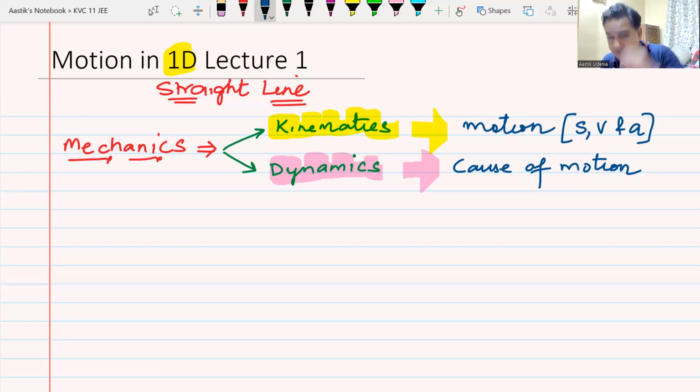In dynamics, which is going to come after some time when we are finished with kinematics, we are going to study the cause of this motion. We are going to study something known as F. What is this F? Force. Whenever we are going to study force, that branch is the branch of dynamics. Whenever we are going to study displacement, velocity, and acceleration, that branch will be known as kinematics. Do we understand this?